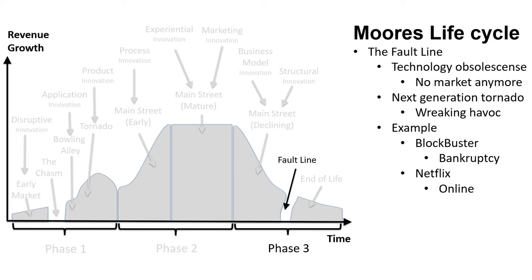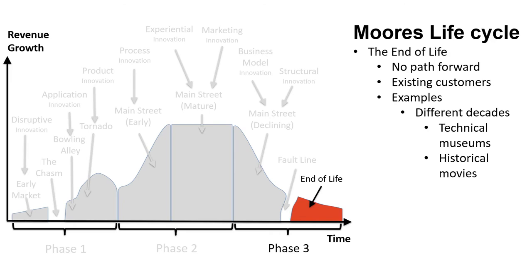The next generation tornado is wreaking havoc on the installed bases of the established vendors. The classic example is Blockbuster, which in physical stores rented out movies and games in the 80s, 90s, and in the first decade of the 21st century. They filed for bankruptcy in 2010 when the Netflix online business concept outcompeted their business model.